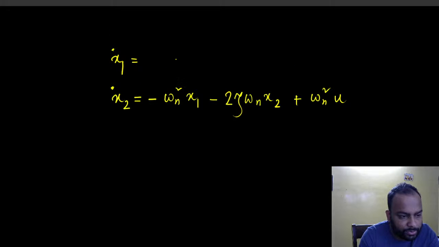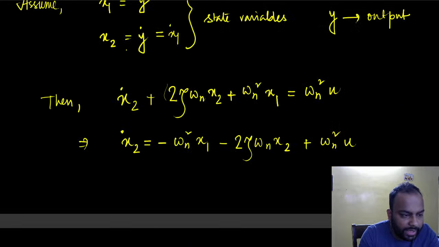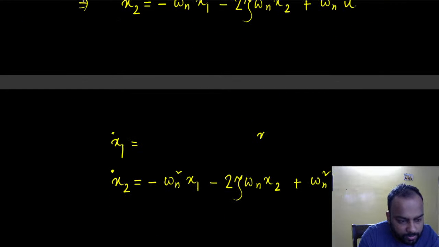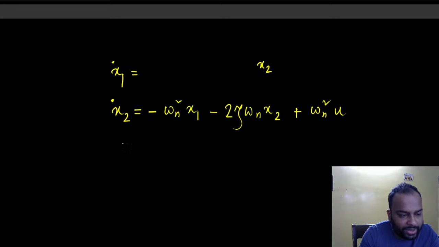So the other equation would be simply x1 dot equals x2. And the output equation represents y, which is equal to just x1.